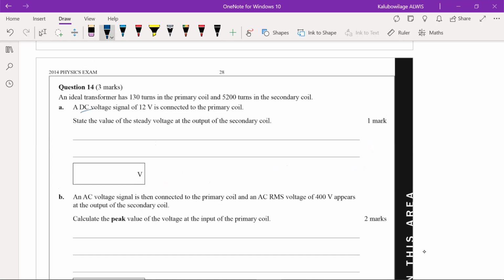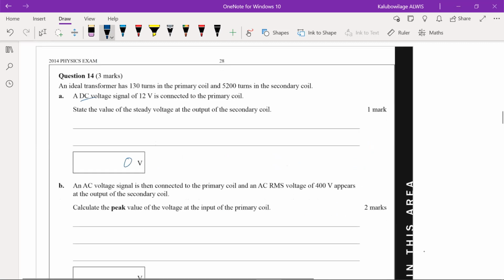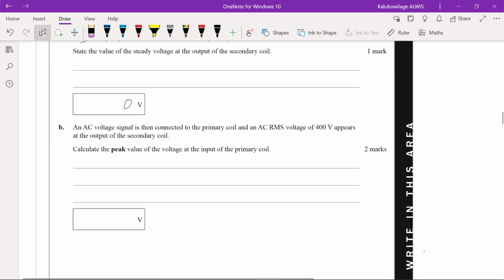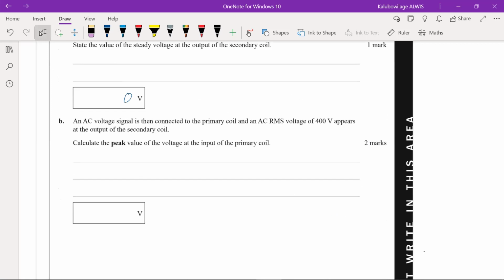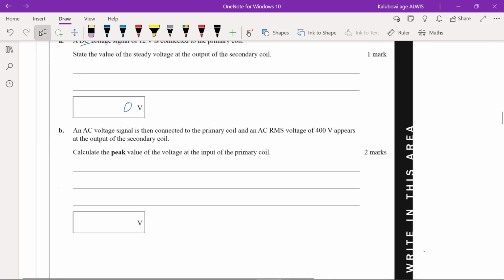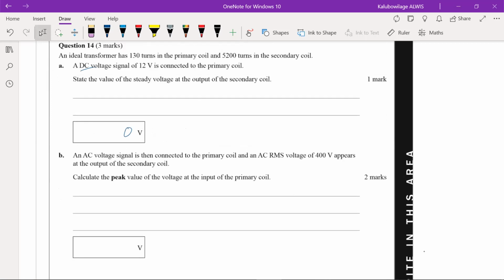I don't know what else to say. AC voltage, the primary coil AC RMS 400.